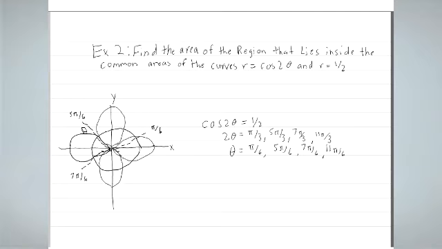Oh wait, that's not 7 pi over 6. Let me just go back and fix it in a second.